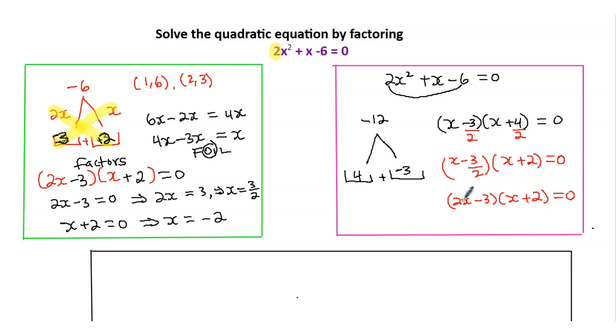And you see that what we got here is the same thing that we got here. So therefore the solution for the zeros will be x equals 3 over 2, and x equals negative 2.